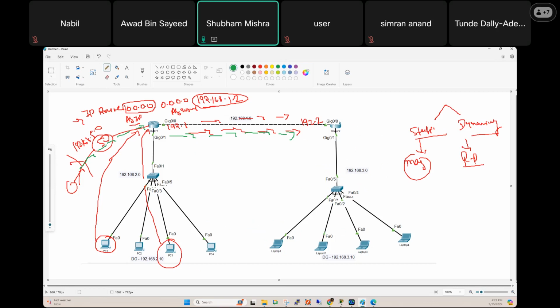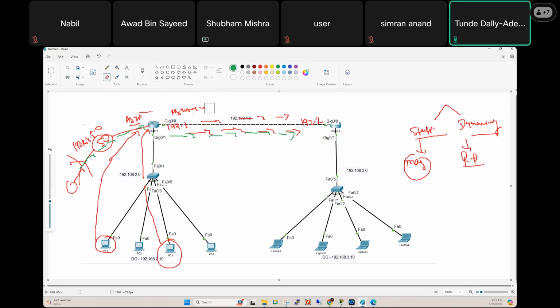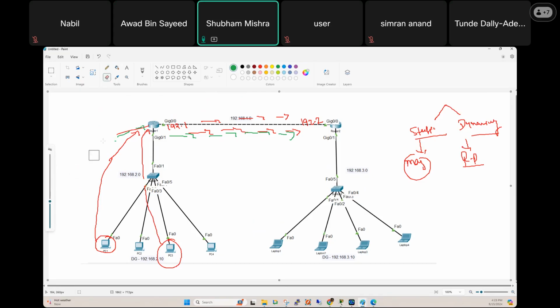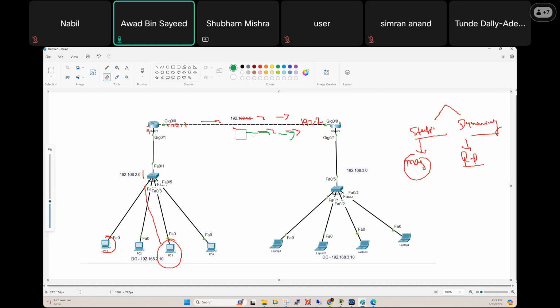That is the meaning of default route. Done? Everyone. Is that the only solution to this situation? There are multiple solutions. Right now, I'm just telling you one. Understand?